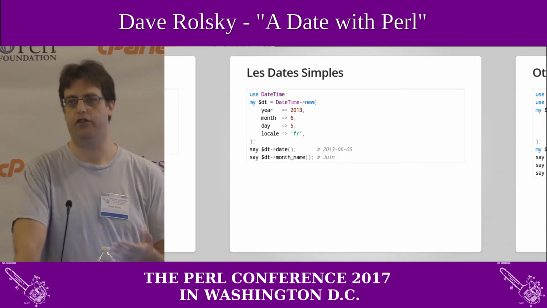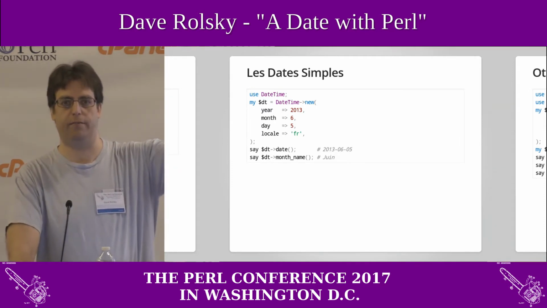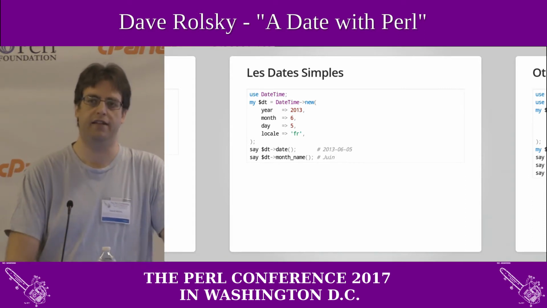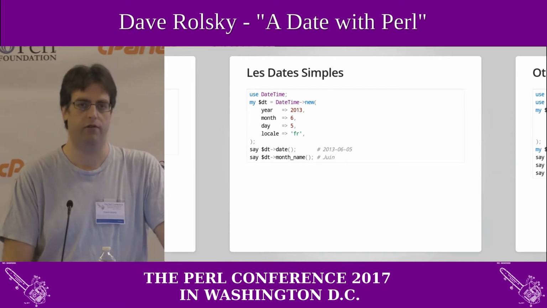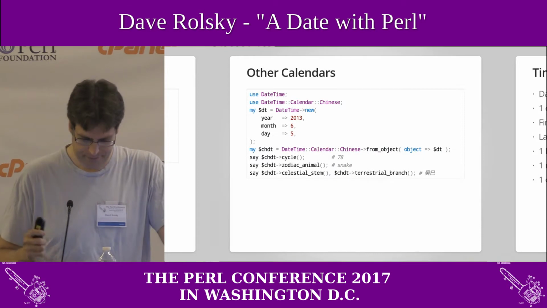And if you really dig in, you can get names that you might put in the table at the heading of a calendar, which could be just a single letter, things like that. So there's a huge amount of localized date and time information available through DateTime and the DateTime::Locale distribution.